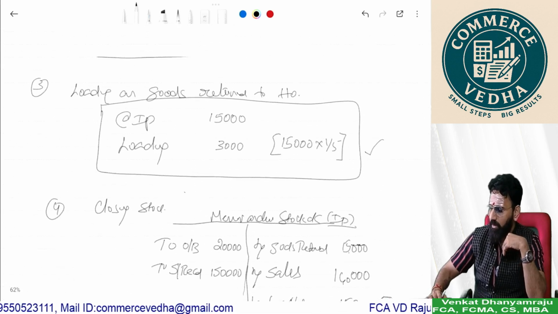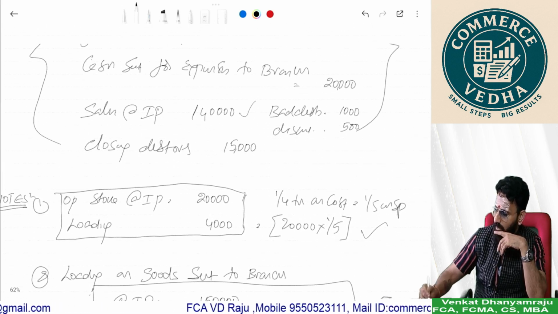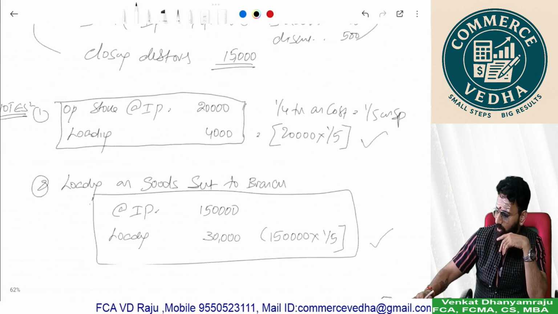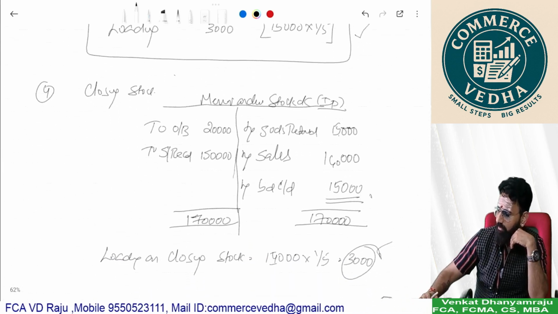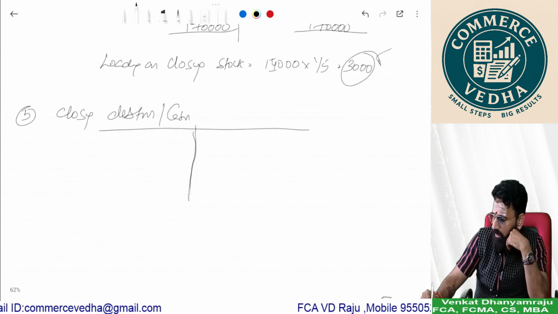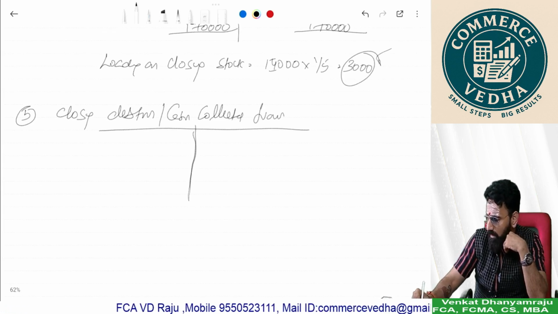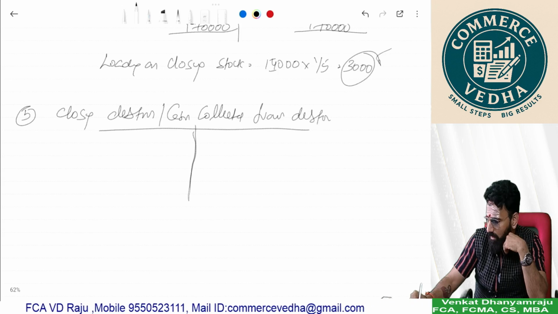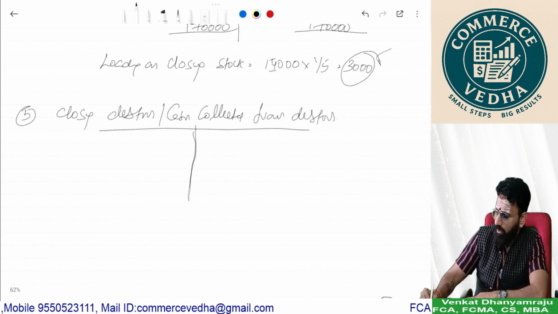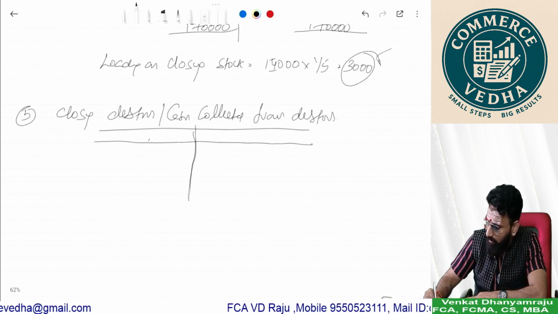Closing debtors is given in the question as 15,000. So when closing debtors is given, something missing is cash collected from debtors. How do we do this? By preparing the memorandum debtors account.